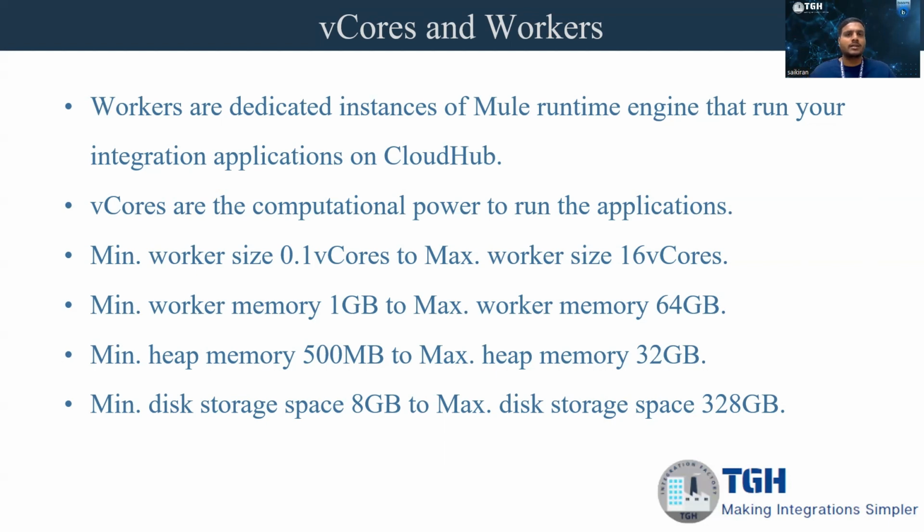Multiple workers are combined and deployed in different availability zones. So if one data center has an outage, the other data center will take care of the execution of that request. This is how MuleSoft takes care of vCores and workers.